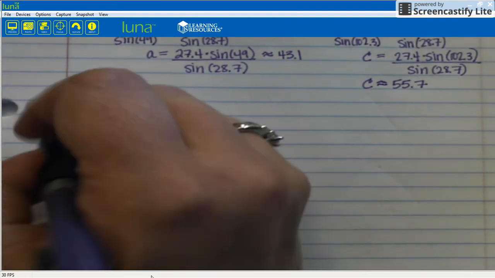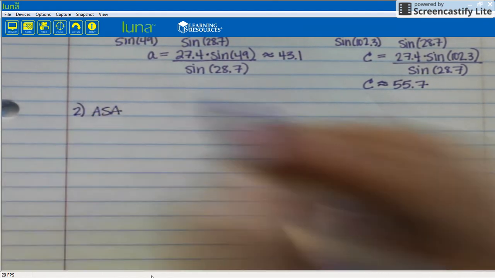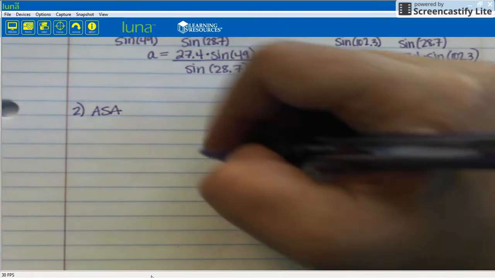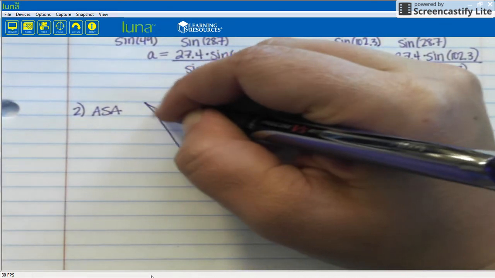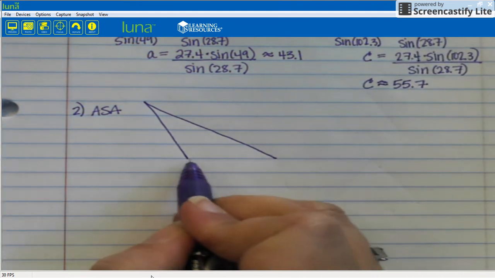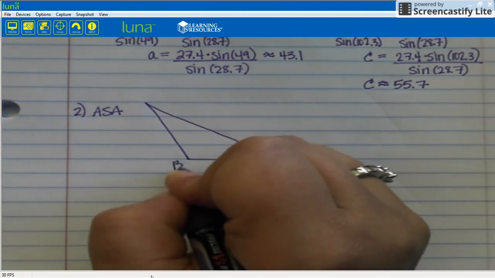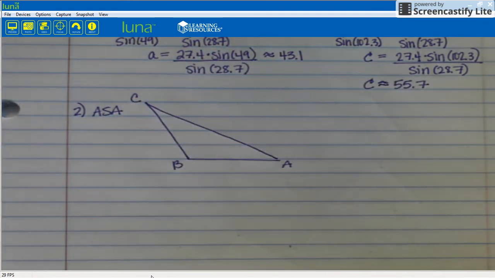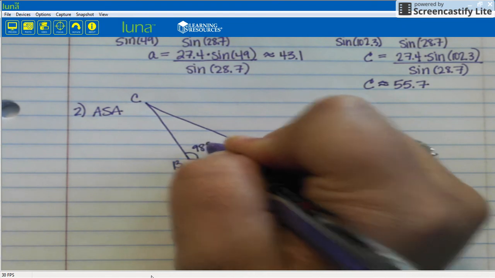And then for example number 2, we'll look at an angle side angle case. So we have, I'll give you a diagram this time. We know that we have this triangle A, B, C. And the measure of angle B is 98 degrees.